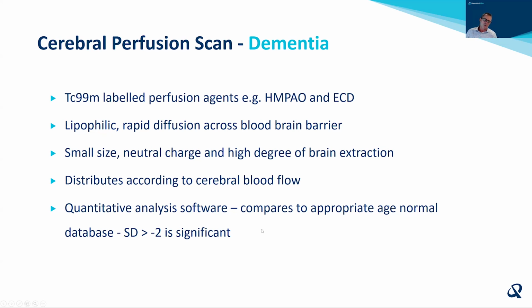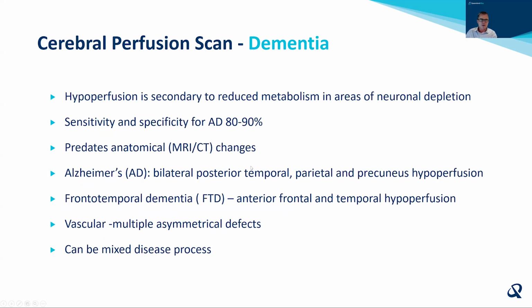Now we use quantitative analysis software, so it compares to an age-appropriate normal database, and a standard deviation greater than -2 is significant. And now the hypoperfusions are secondary to reduced metabolism in areas of neuronal depletion. The sensitivity and specificity, for example, for AD is quite high, 80 to 90%, and it often predates the anatomical MRI or CT changes.